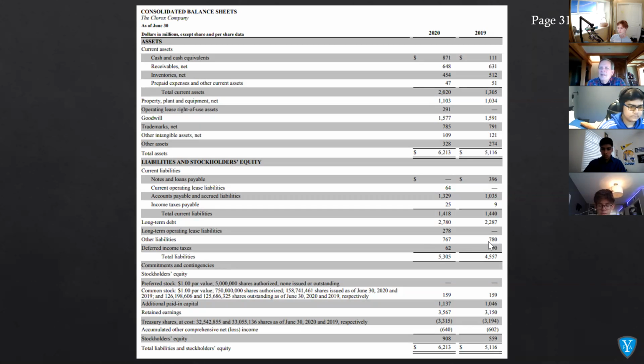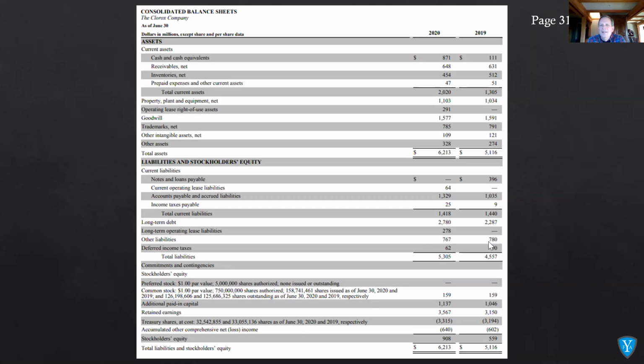How much do they have? How much is all that worth? And how much money do they owe to other people in terms of its liabilities? And then what is its net, what we call net shareholders equity, the amount of assets minus liabilities. So in effect, a dollar value of the net assets that are owned by the shareholders.